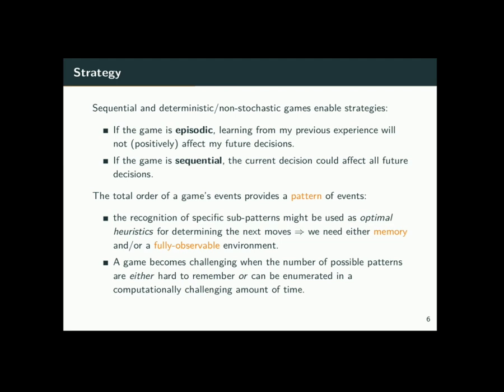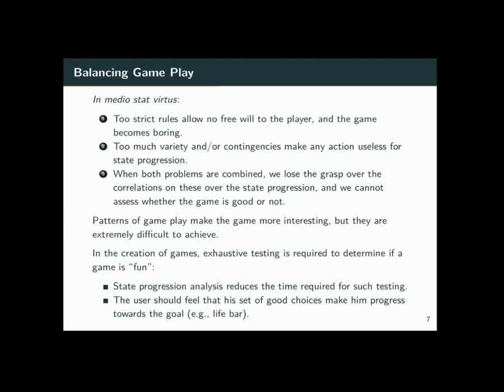So even though the game is completely somehow deterministic, I have a lot of interplay of actions that I could perform, and as a consequence, I have something which is more interesting to do. Still, there is actually a problem when defining a game. If you're providing too narrow a set of rules, then the game will become less interesting, because, as I was saying before, the only thing that you're doing is punching someone and then the game finishes.